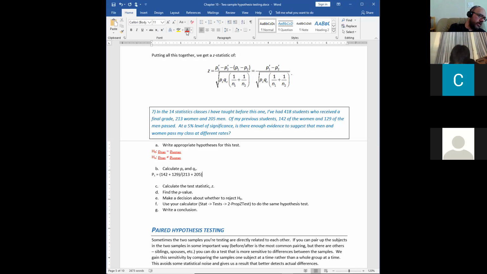Let's see what my calculator says. We got 271 divided by 418. I'm getting 0.6483.